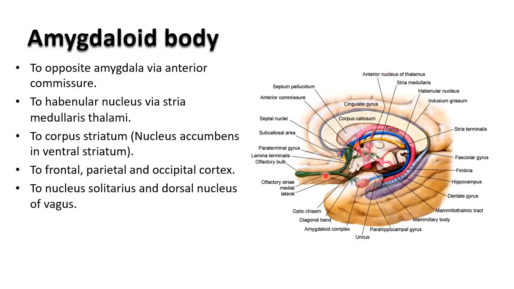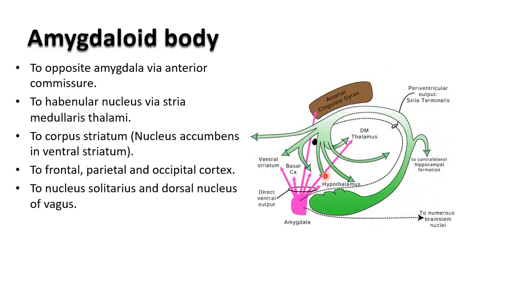So it integrates those with the olfactory stimulus. Okay, so here you are able to see the other connections. Mainly to the anterior cingulate gyrus as I told you, and then to the ventral striatum, nucleus accumbens. So it goes to the ventral striatum. Okay, so these are all the efferent fibers. Very wide efferent areas, mainly the major pathway being the stria terminalis.